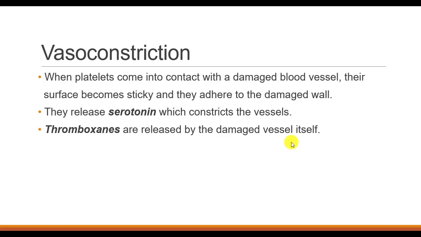What they do I'm going to talk about in the next slide, but they have a very important function to play. During vasoconstriction, serotonin is released and the blood vessel starts to constrict, and eventually the platelets around the damaged vessel come to the blood vessel and stick around it.